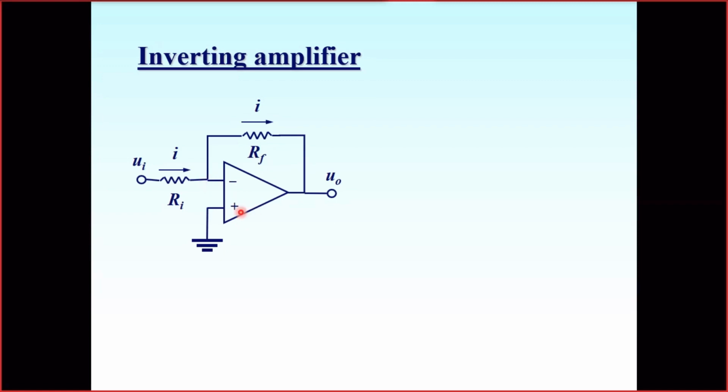The non-inverting input is connected to the ground, to the zero of the circuit, so the voltage on the non-inverting input will always be zero. The question is what the voltage is at this point marked by the pointer.